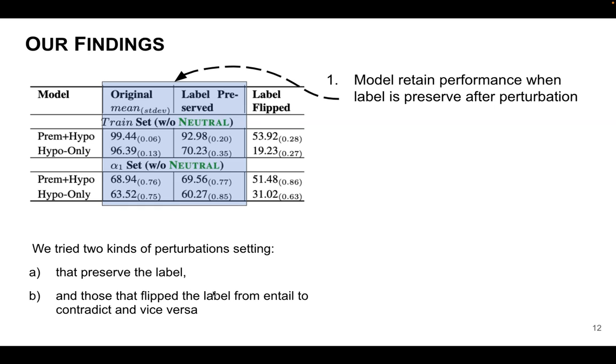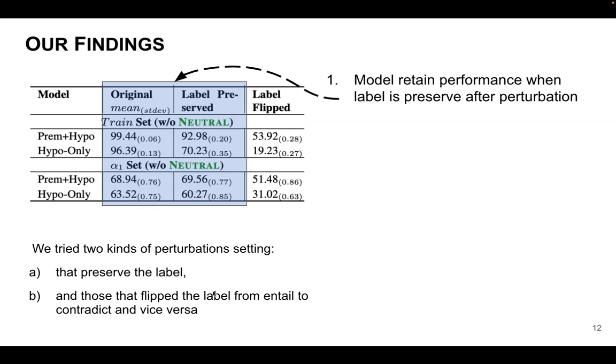We tried this on lots of examples and tested two kinds of models: one which uses both premise and hypothesis for making the prediction, and one which uses only the hypothesis, that is, hypothesis-only. We also tried two types of perturbation settings for the hypothesis, one where the gold label is preserved and the other where the gold label is flipped from entail to contradict or vice versa.